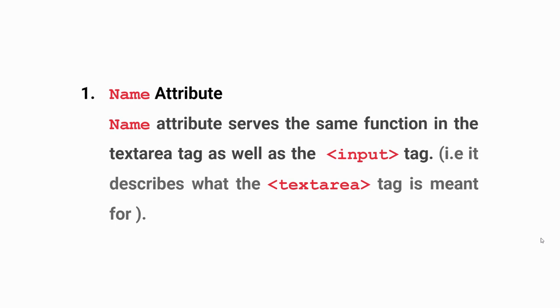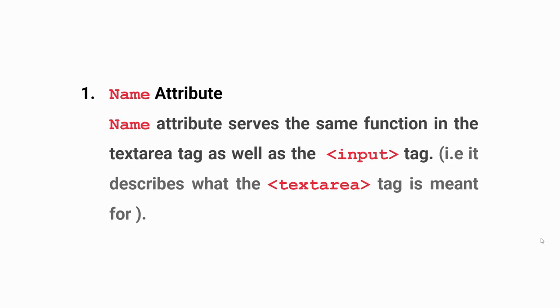So first we have the name attribute. The name attribute serves the same function in the textarea tag as well as the input tag. So you can see that the input tag and the textarea tag are not really different. The two tags both house information. That means they are used to pass user inputs, that's text inputs.